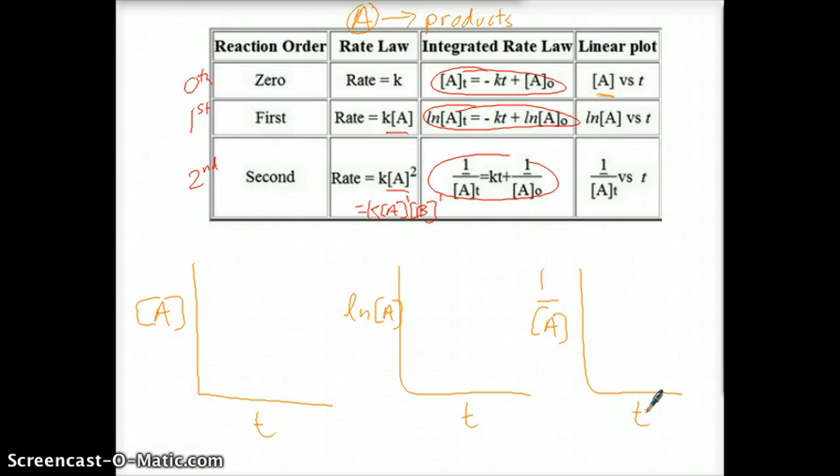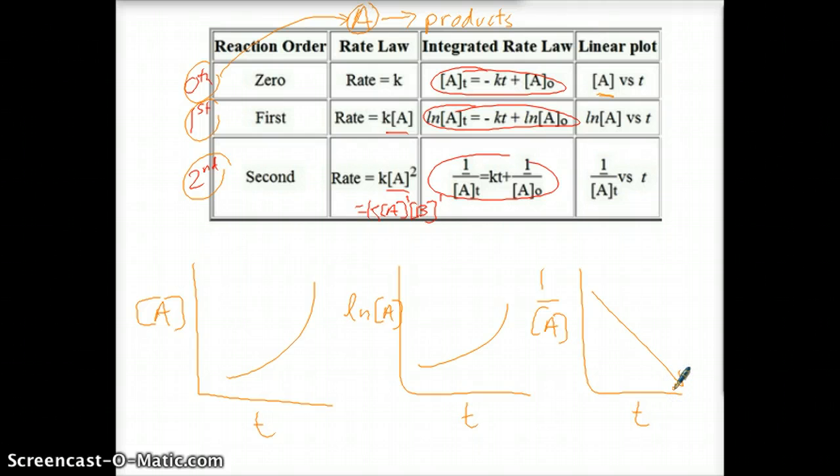Only one of these graphs would give us a straight line. Whatever graph gives us a straight line tells us what order the reaction is with respect to that compound, which is pretty cool. So let's say you collected all this data, and you got a curve here, a curve here, and then a straight line when you made this plot.